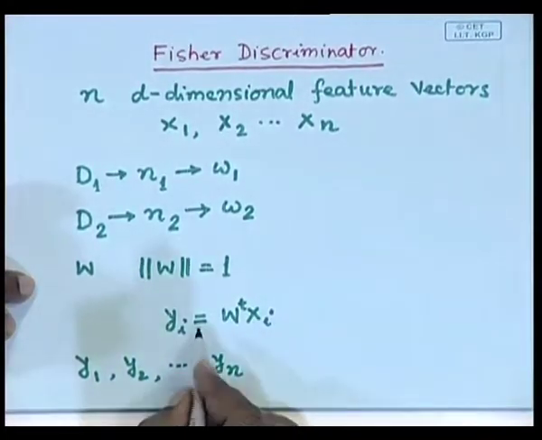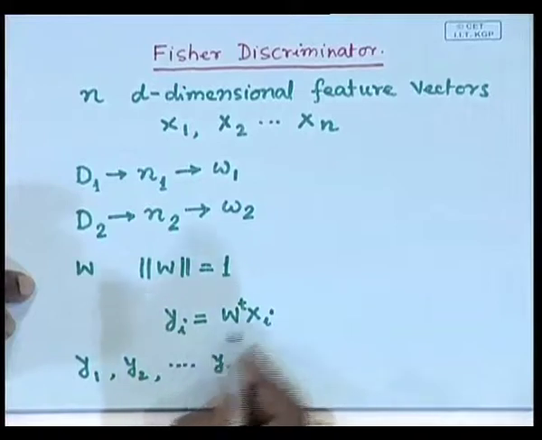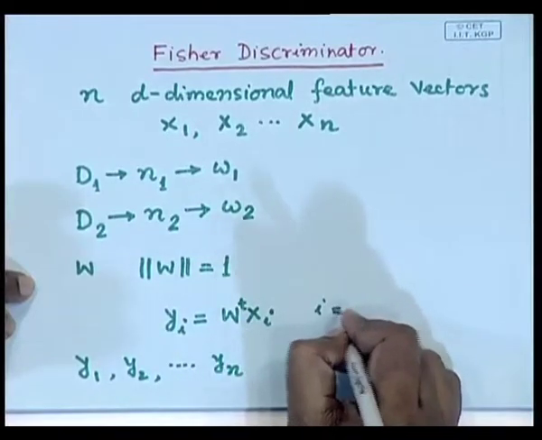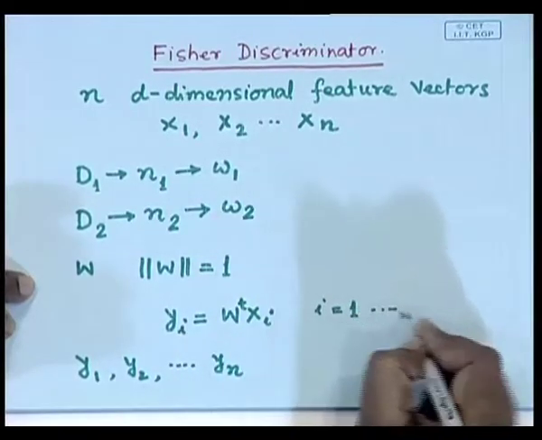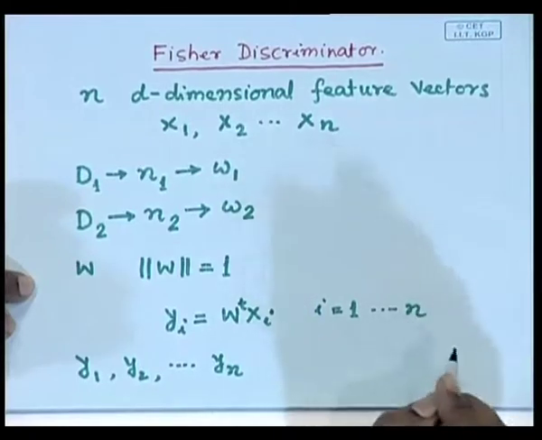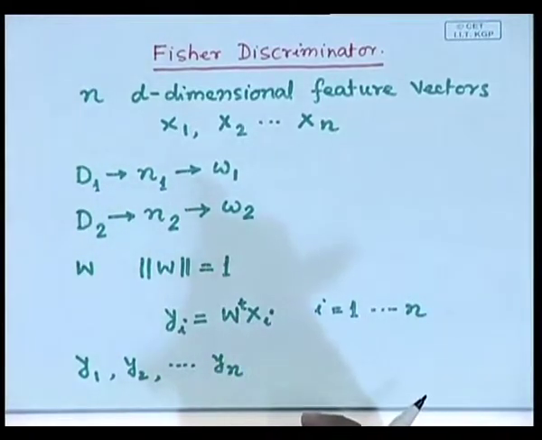Each of these I can compute following this formula, where i varies from 1 to n. So, these are the projected vectors that I can have after taking projection in the direction of W.